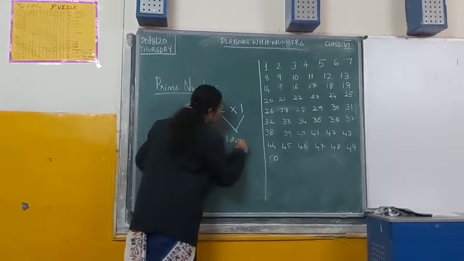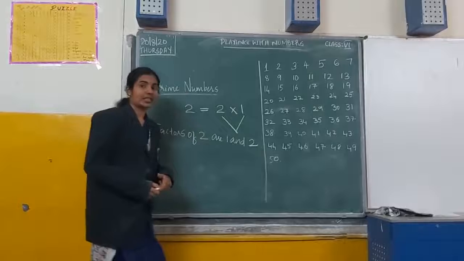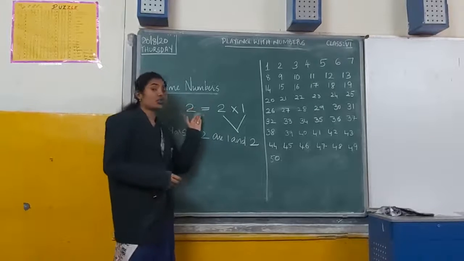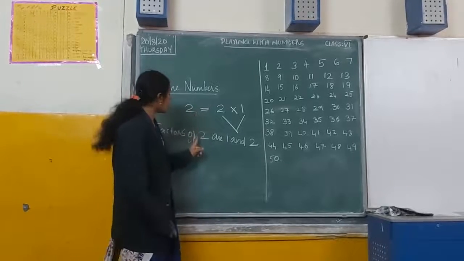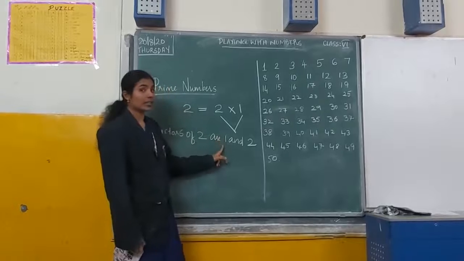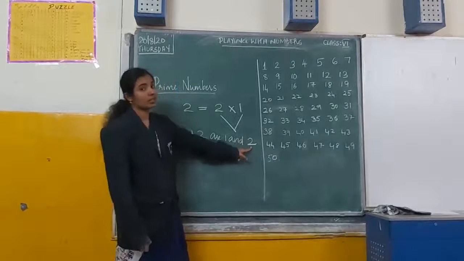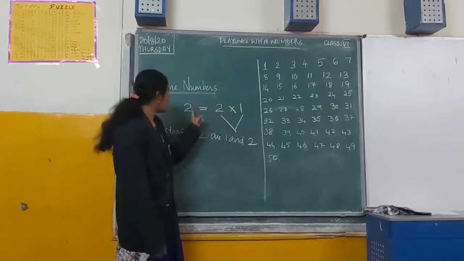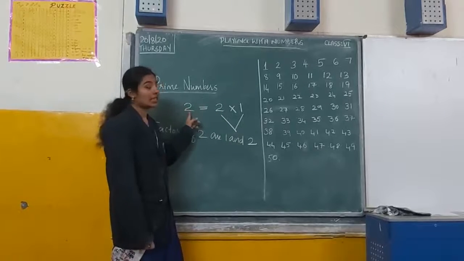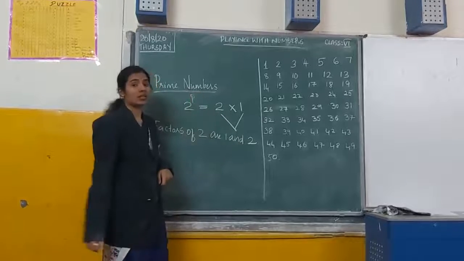When you are given one number, you should check the factors. Here you can see the only factors are 1 and the number itself. So we can say 2 is a prime number.